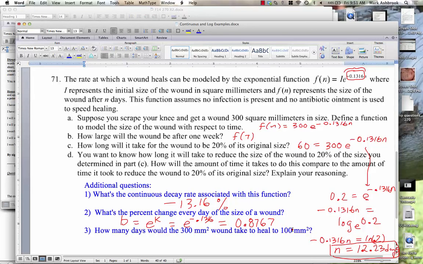So that's the true decay factor. e to the k is the true decay factor, which gives us the actual percent change. In this case, negative 12.3%. So a continuous rate of negative 13.16% means a true decrease of 12.3%, not 13.16%. That's the true percent change per day.